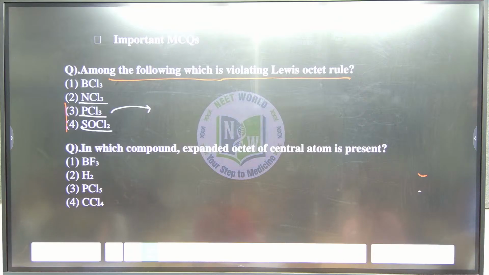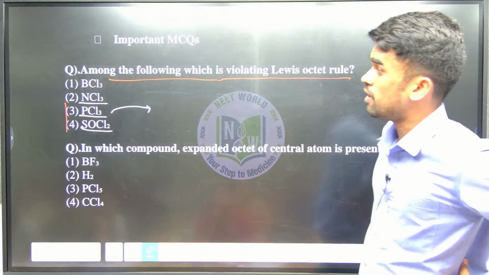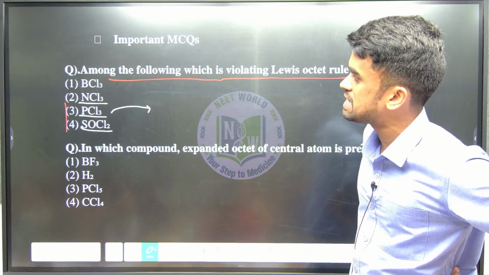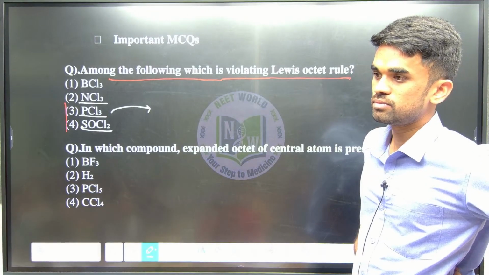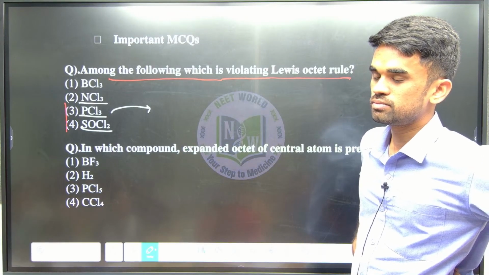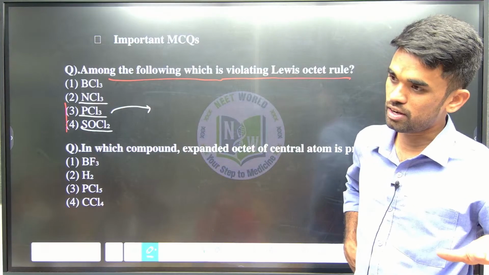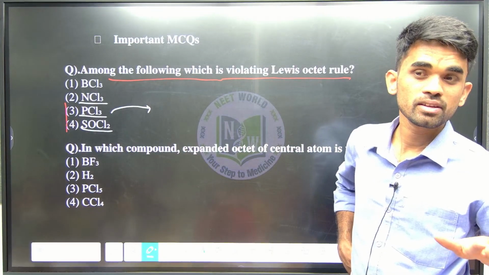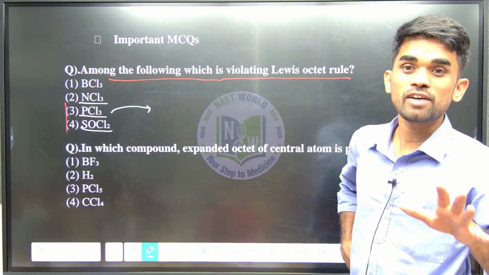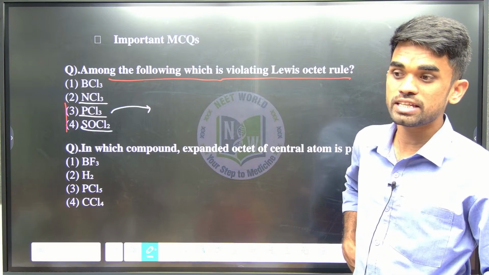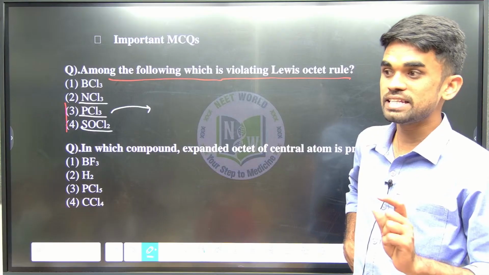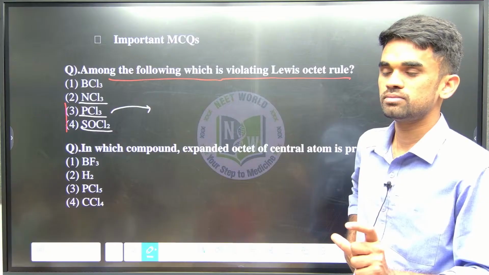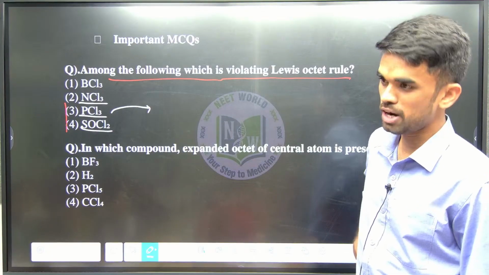Now my question is, number of lone pair electrons and bond pair electrons in NCl3. Wrong. What is my question? Number of lone pair electrons and bond pair electrons in NCl3, I am saying NCl3 in the complete molecule. 3 bond pairs, correct.